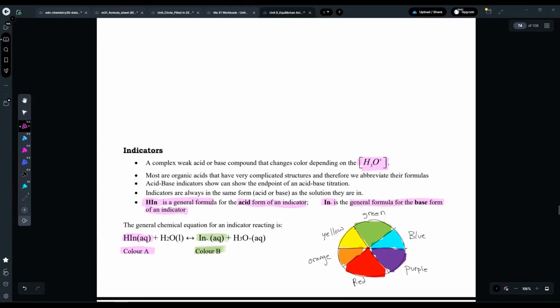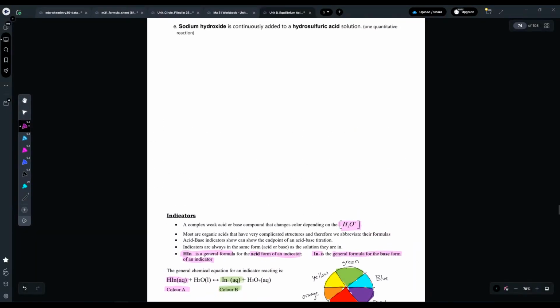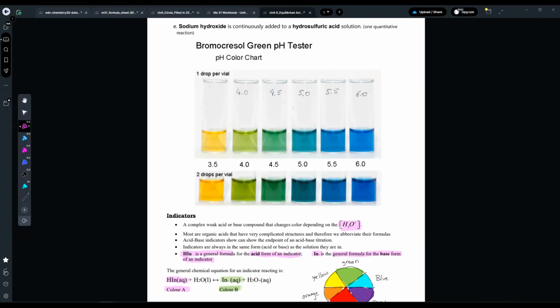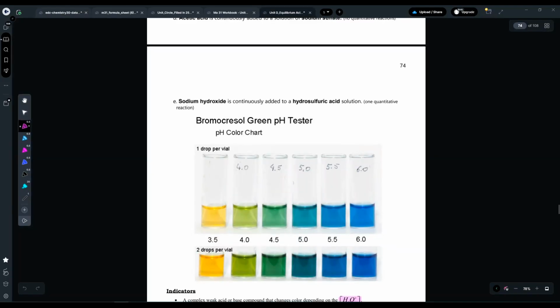So just to give you a visual here, I'm going to add a picture here. All right, so this is bromocresol green. And as we said from our data booklet, at a pH of 3.8 and below, bromocresol green is going to be yellow. So we can see that here.